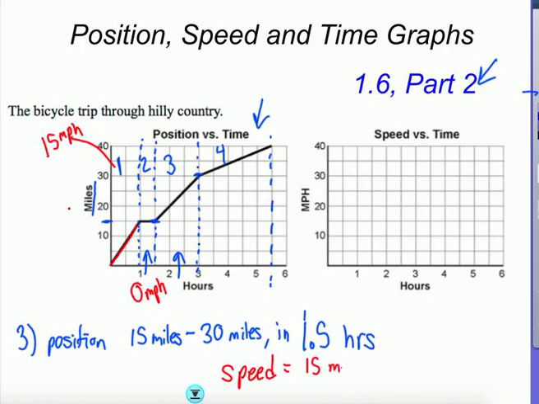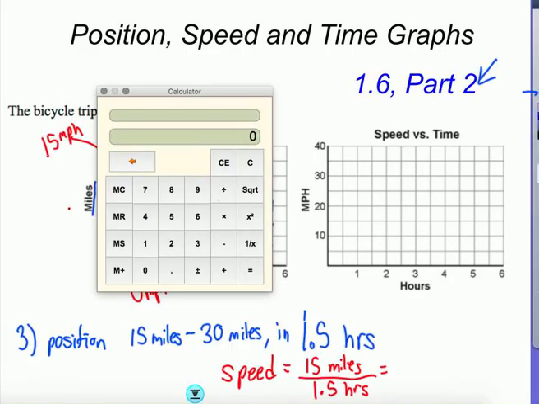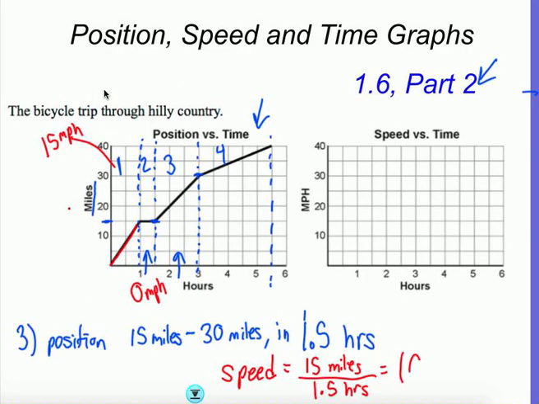He's going 15 miles in 1.5 hours. Notice the slope is not changing. Let me pull out my calculator here, and 15 divided by 1.5, I get a speed of 10. So he is going 10 miles per hour, which makes sense. The slope is a little bit more gradual than this slope. He's changing his position more slowly, covering less distance. So he's going slower.